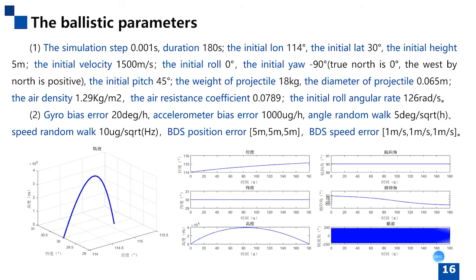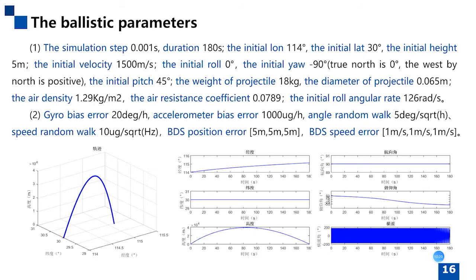Meanwhile, it is necessary to set simulation error parameters, including gyro bias error, accelerometer bias error, angle random walk, velocity random walk, and others, in order to verify the in-flight course alignment method of guided projectiles based on kinematic equations proposed in this paper.